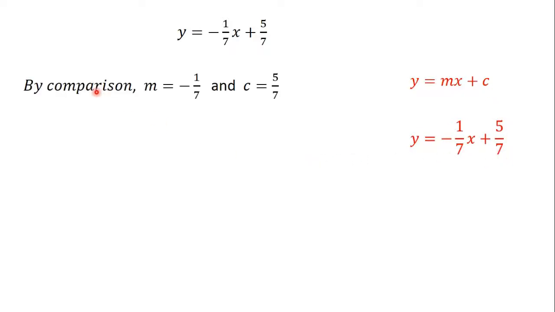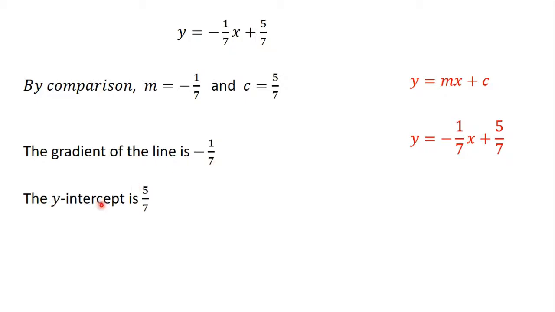So by comparison, m will give us minus 1 divided by 7, and c will give us 5 divided by 7. As we have already learned, m is the gradient of the straight line and c is the y-intercept. So the gradient of the line is minus 1 divided by 7, and the y-intercept is 5 divided by 7.